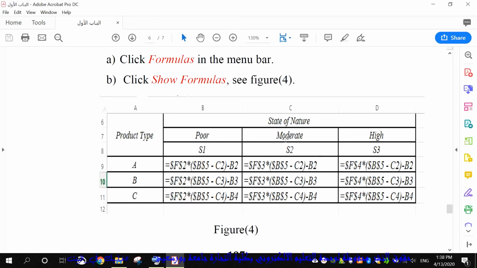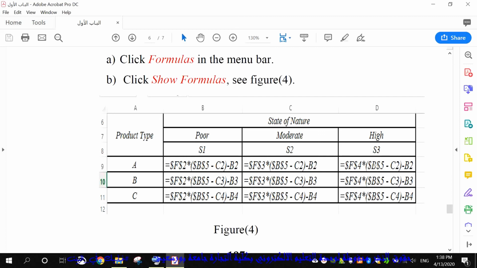Clicking and dragging the cell C9 up to the end, you will see that C2 and B2 change into C3 and B3, then C4 and B4.